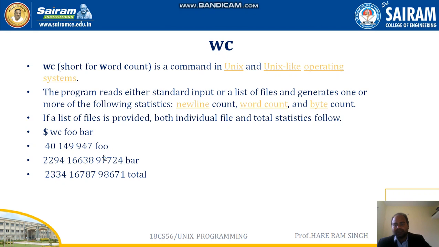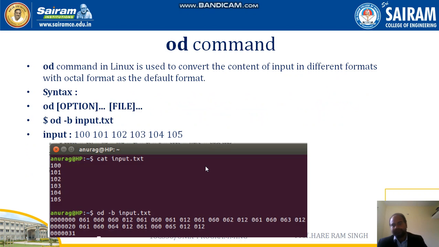Similarly, bar has 2294 lines, 16,638 words, and 97,724 bytes. Both together give 2334 lines, 16,787 words, and 98,671 total bytes under the total.